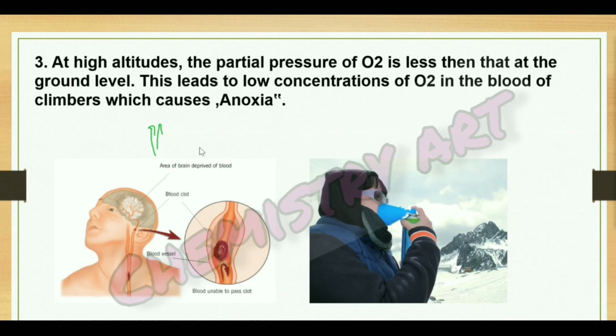Because at high altitude the partial pressure of oxygen is very low. The air is very thin, so partial pressure is less. So according to Henry's law, if the partial pressure is higher, enough oxygen can be dissolved in our blood, and that's why we require an oxygen cylinder. Okay, so these are the applications of Henry's law.